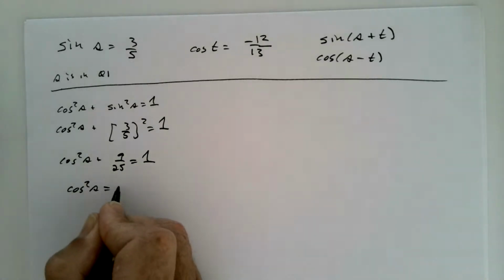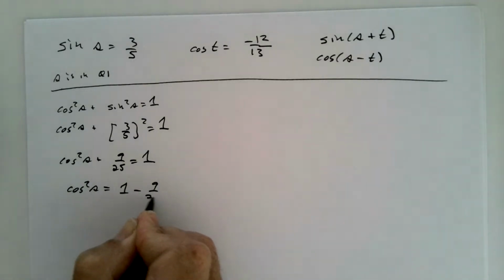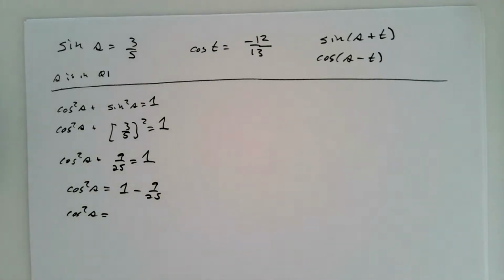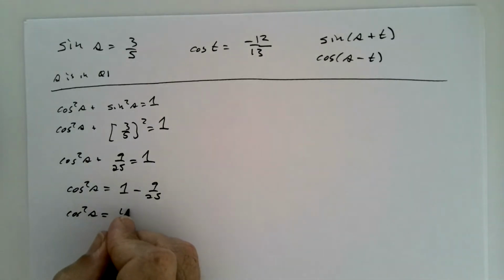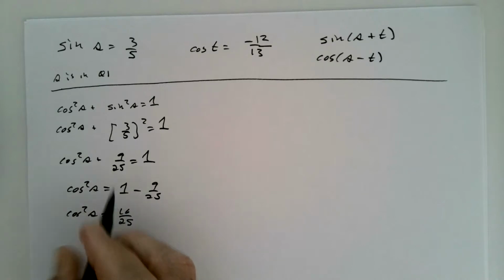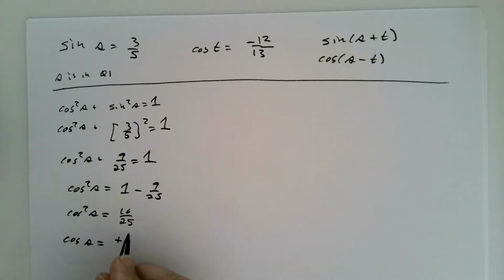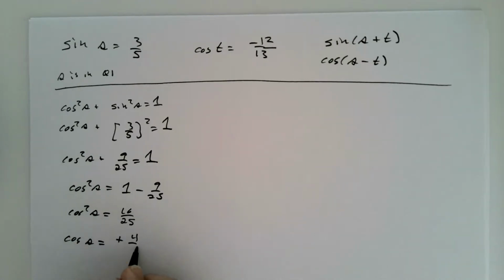So cos squared S is 1 minus 9/25. 1 minus 9/25 is 16/25. But I said S is in quadrant 1, so that makes cosine positive. So cosine S is positive square root of 16/25, which is 4/5.